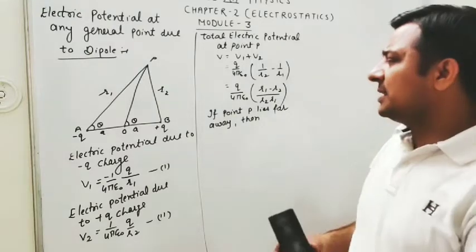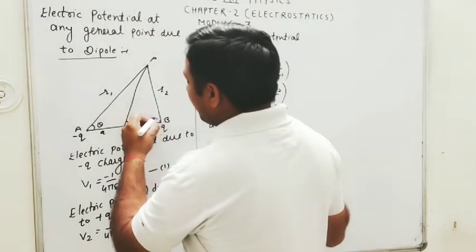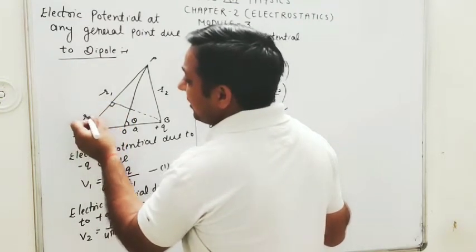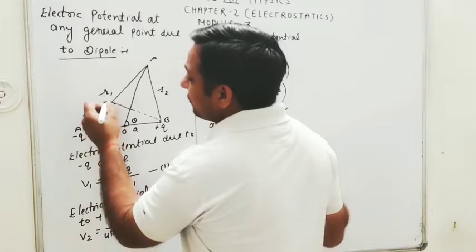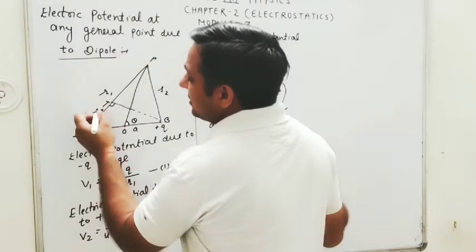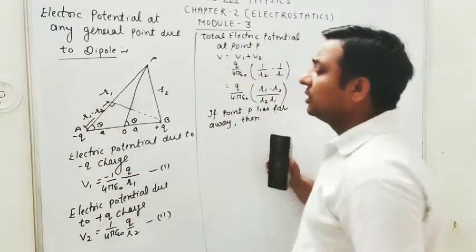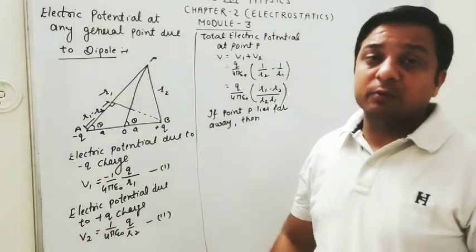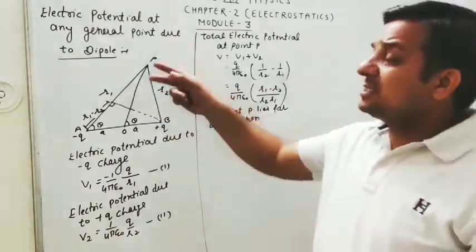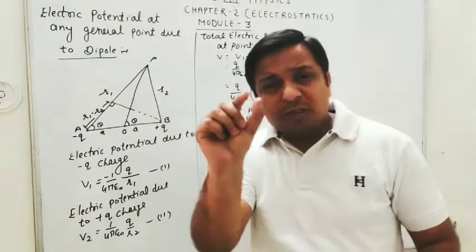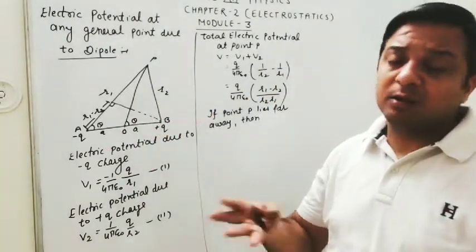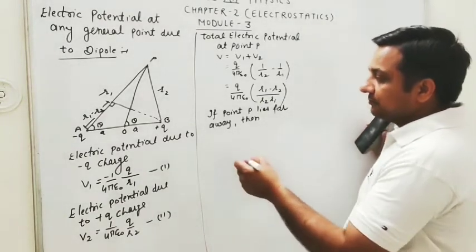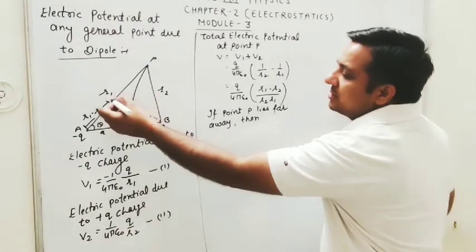So for large distance we will have to draw a perpendicular from here, and this distance is R1 minus R2, because R1 is the longer side, R2 is the smaller side, and these both angles are almost equal, because this point lies at far distance and the dipole is very very small, so these angles are almost theta, right? So here, now this point is C.